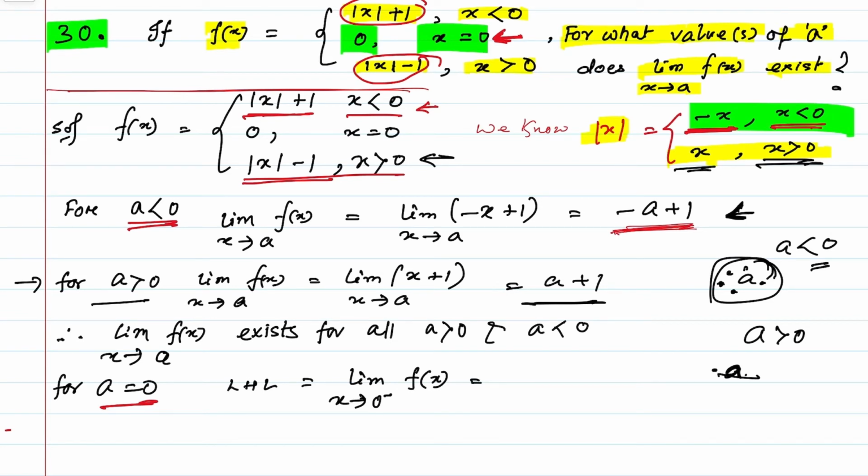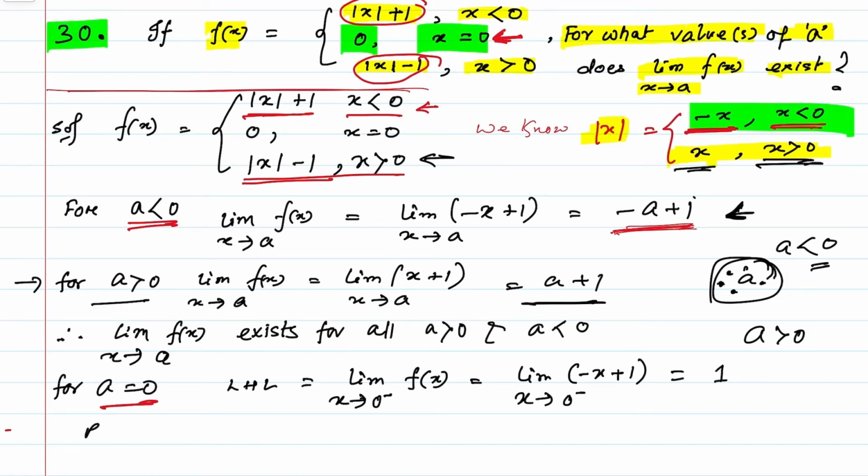Because now we are taking the left hand limit, x is slightly less than 0, so here it will be limit of minus x plus 1 as x tends to 0 negative, which is equal to minus 0 plus 1, that means 1.